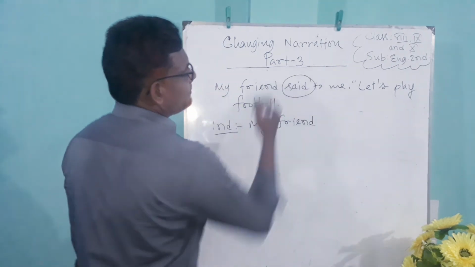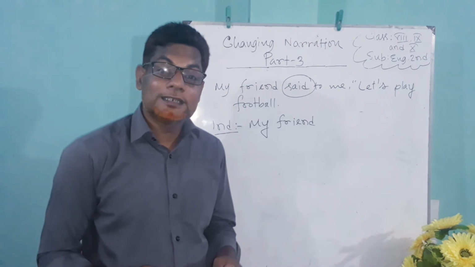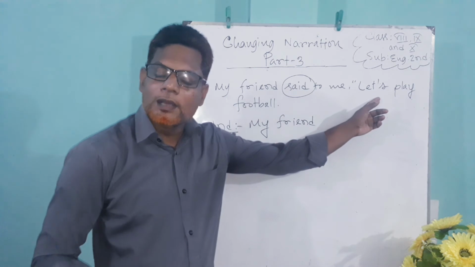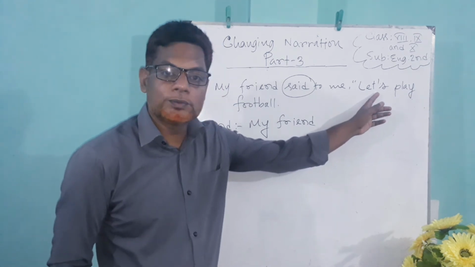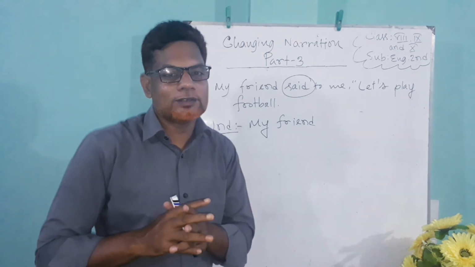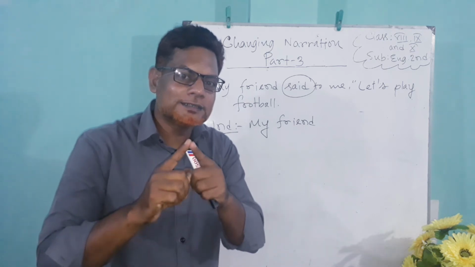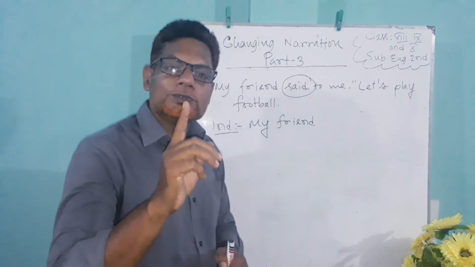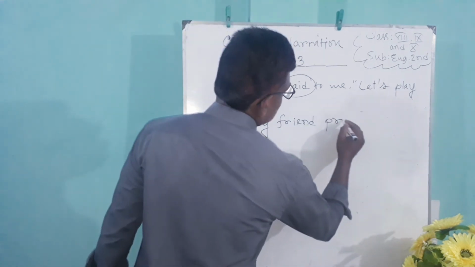Then the reporting verb: we have to see the sentence of the reported speech. It is imperative with let, and this sentence denotes a proposal. When any imperative sentence starts with let us or let's, remember that it denotes a proposal. And when the sentence denotes a proposal, you have to use propose as the reporting verb. So we will write here: proposed.